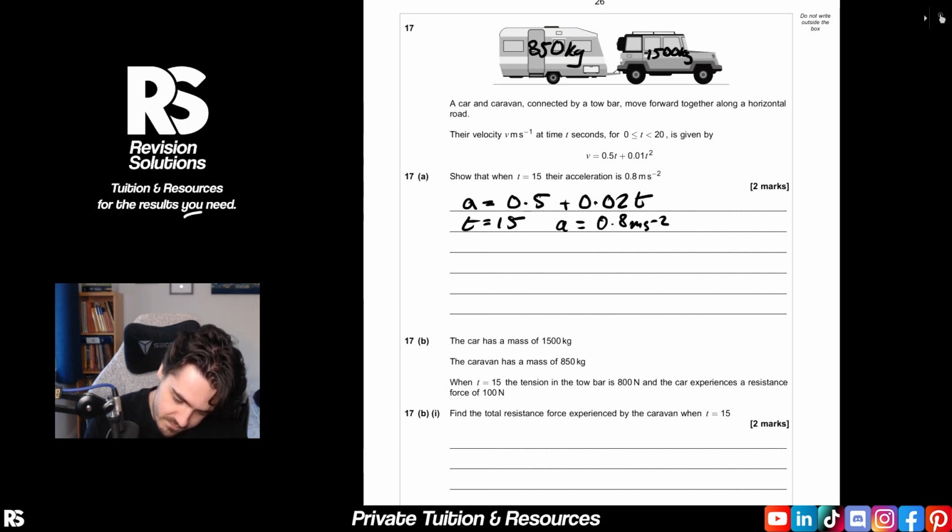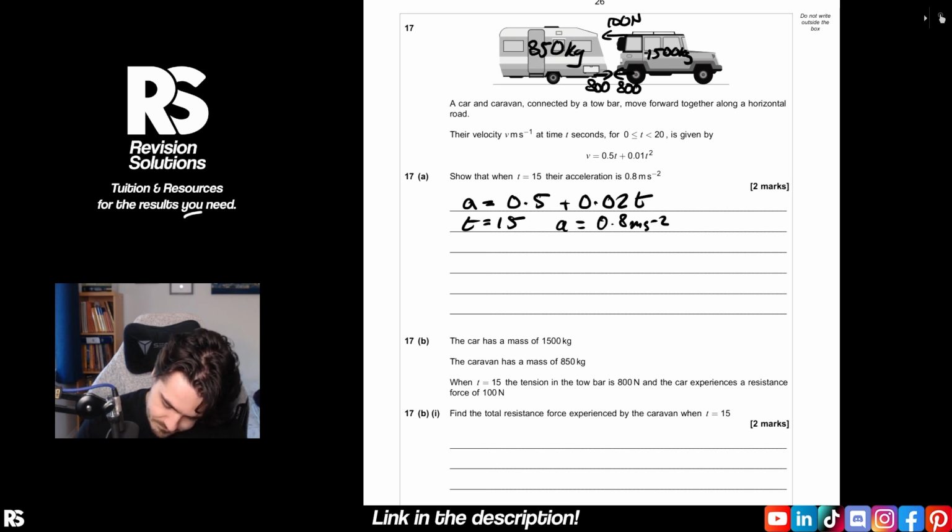So there's a 100 newton force acting on the car, and then there's 800 newtons in the tow bar. So there's an 800 newton force to the left from the tow bar on the car, and an 800 newton force to the right on the caravan.